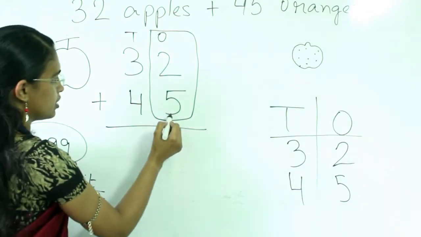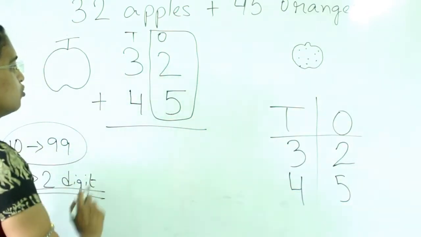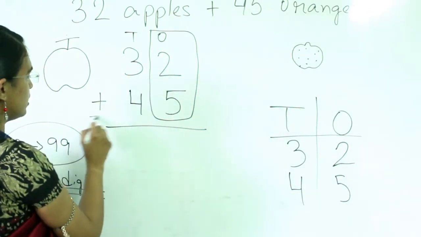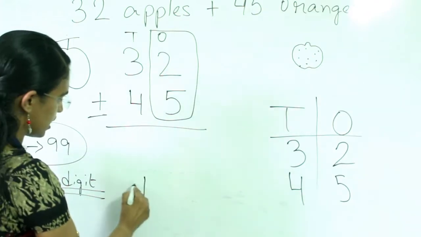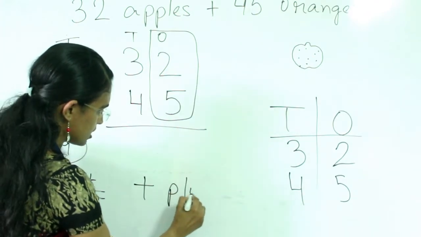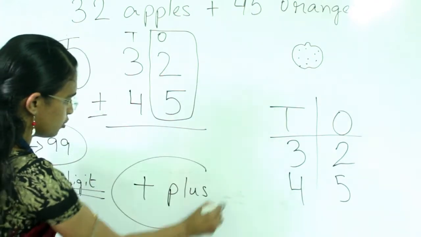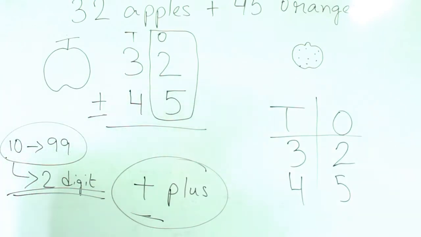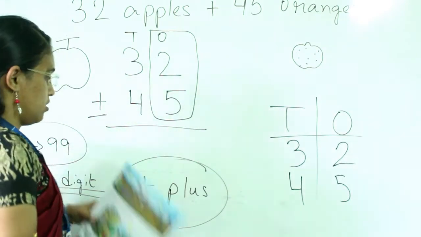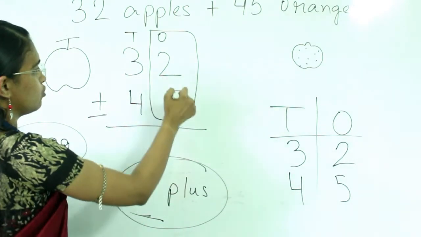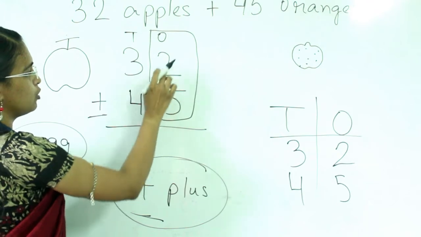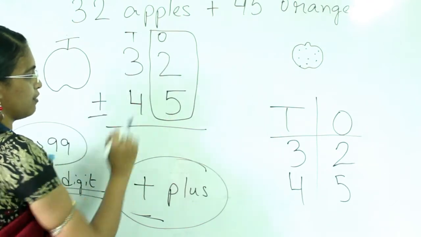Now here which number is written? 5, and here it is 2. So we have to do what? Addition. This is the plus sign. What sign? Plus sign, which we use in addition. Okay. So now we have to add 2 plus 5.